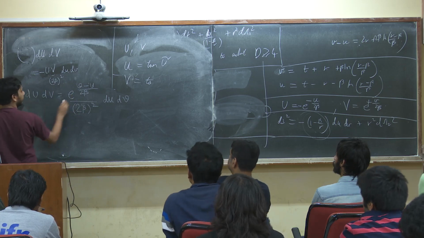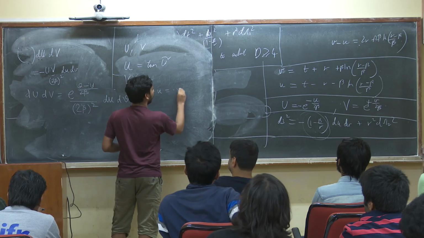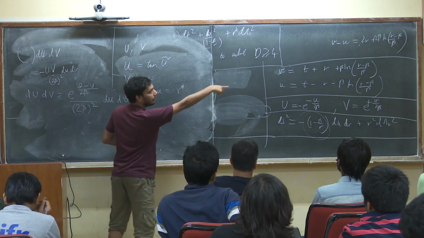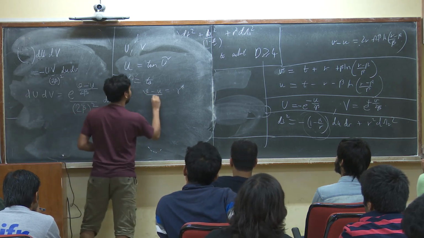So du dv is, so it is v minus u is r star. Or r star is r plus the whole log, it's twice r star, yes, by 2.